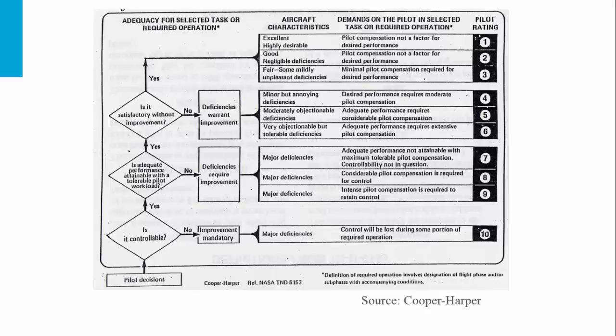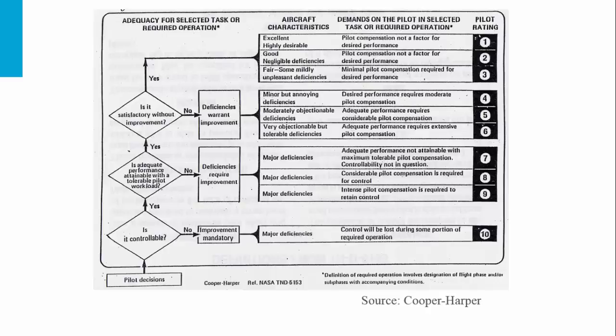At the extreme of level 2, the mission is still flyable, but the pilot has little capacity to sustain the flight without danger of error. In level 3, ratings 7, 8, 9 and 10, the aircraft is unacceptable as task performance. This level is necessary to describe the aircraft's behavior in emergency conditions or following the loss of critical flight systems.